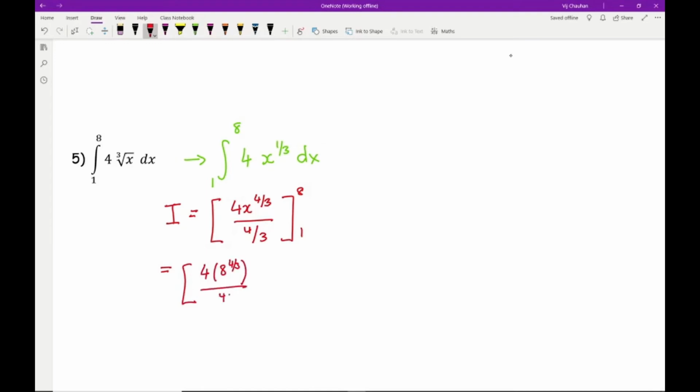over 4 over 3 minus 1 to the 4 over 3 over 4 over 3. And again, if I just type that into my calculator, either working out separately or not, entirely up to you, I'd probably recommend that you practice doing this while you're waiting for me to type in the question.